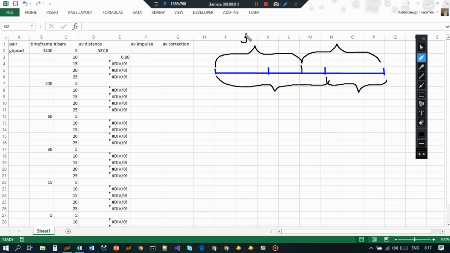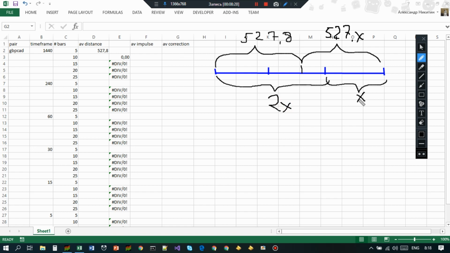So we have a 527 here, and we have a 527 here. Here we have x, and here we have 2x. So how can I convert that into a formula that will calculate what is the x and what is the 2x?